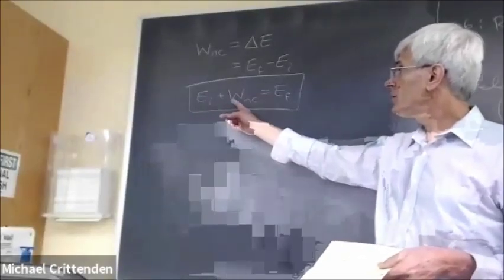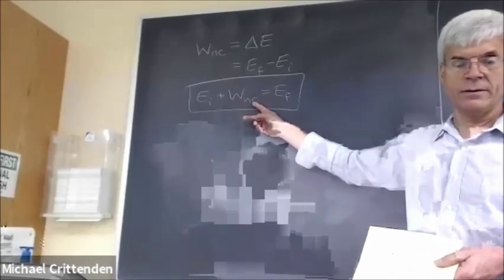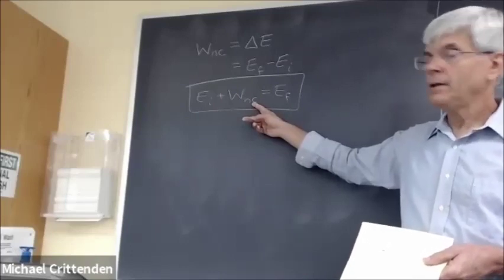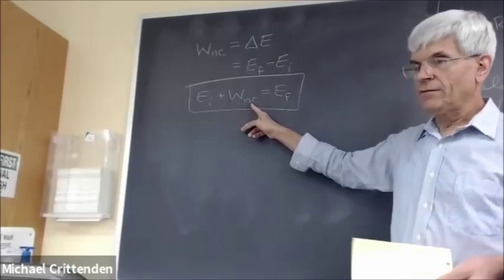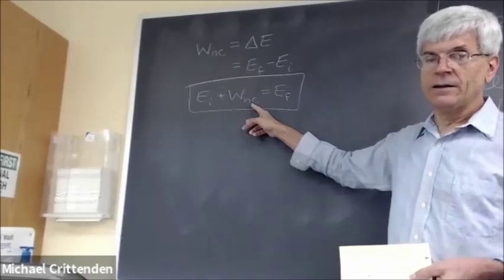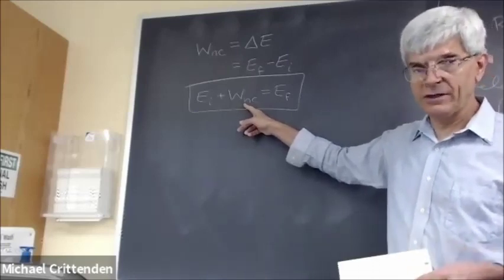Initial energy plus, quite often, you'll see me just write a W and leave the NC subscript understood. For example, if the only conservative force present is gravity, this would be the work done by forces other than gravity.